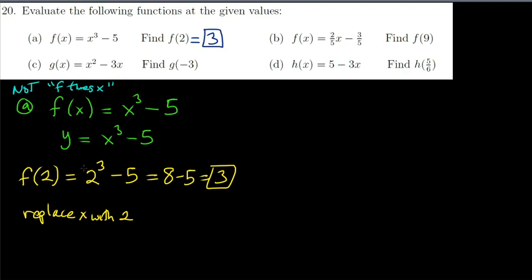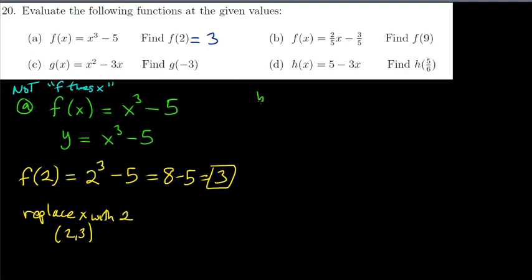They're not asking for the ordered pair, but the ordered pair would be (2, 3). On Connect Math, there might be some problems where they ask for the full ordered pair, the 2 and the 3. But here they're just asking for the 3 itself. So don't get confused there.